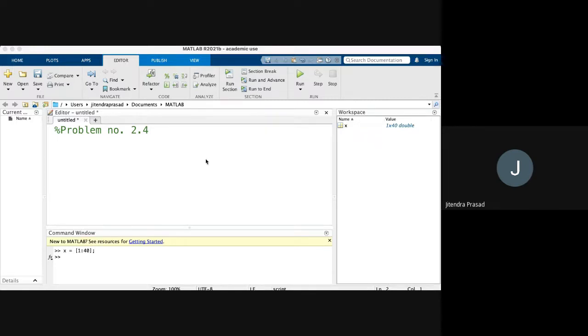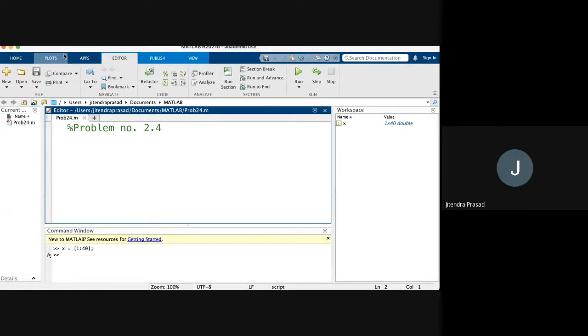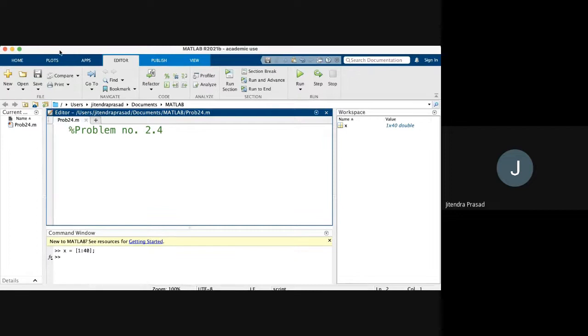Save it as problem 2.4. The percentage sign means you are commenting, similar to the double slash you use in C++.